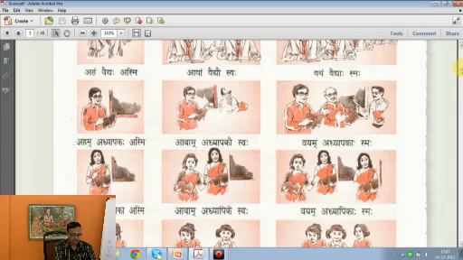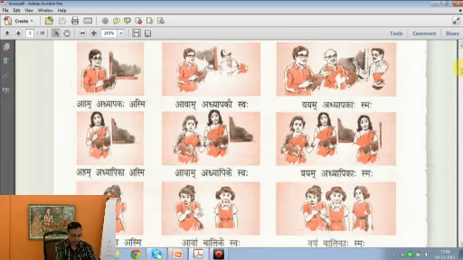So another sentence, Aham Adhyapakaha Asmi. I am a teacher. Avam Adhyapakau Swaha. Vayam Adhyapakaha Smaha. Asmi, Swaha, Smaha. This is the study.